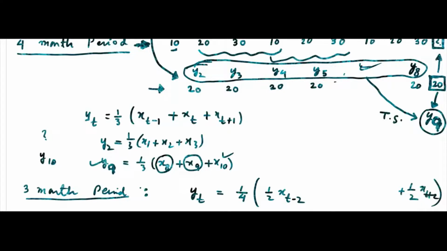Okay, that is xt minus 2, xt plus 2, and the 3 in between I will write xt minus 1, xt, xt plus 1. Okay, this way you have to take.